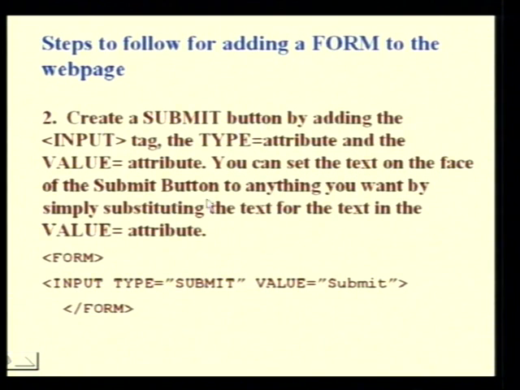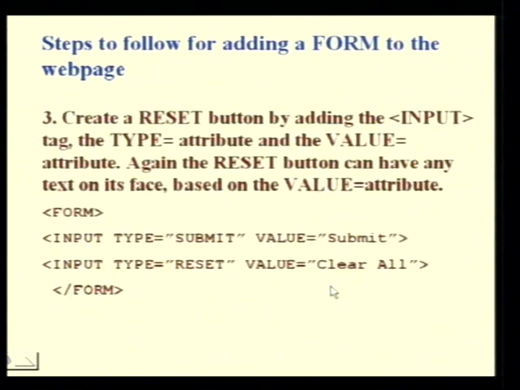You can set the text on the face of the submit button to anything you want by simply substituting the text in the value equal to attribute. Let's say input type equal to submit, value equal to submit, or I can say value equal to send. So notice the difference. Create a reset button by adding input type equal to reset, value equal to clear all, or let's say clear. So let us see on the screen how it looks.